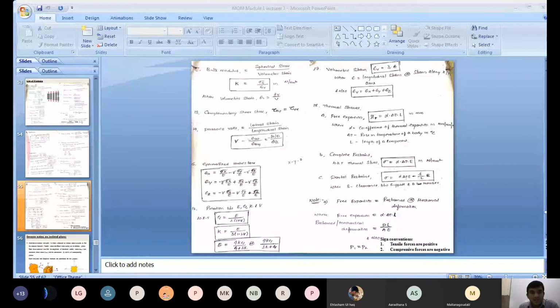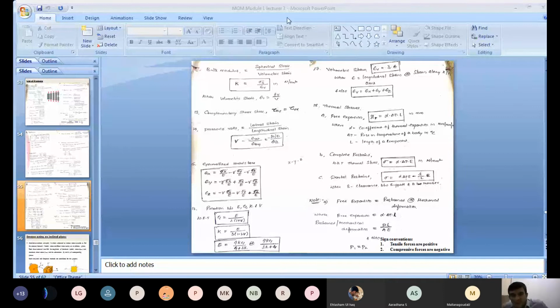Also, in the bulk modulus, volumetric strain is 3 times the linear strain or longitudinal strain. That volumetric strain is also the sum of the strains along the longitudinal directions, epsilon x plus epsilon y plus epsilon z. You can write this formula below the bulk modulus itself.